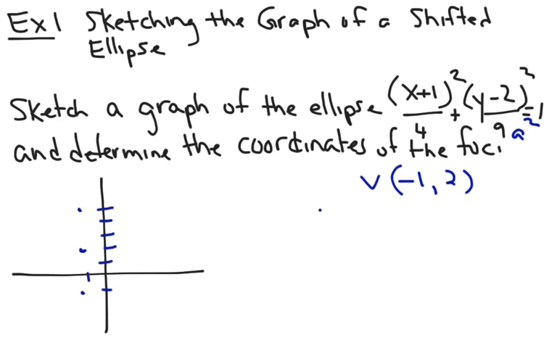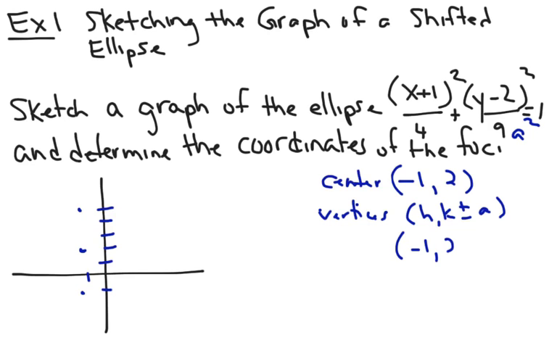Oh, I called that vertex, sorry. Center. My vertices are at h, k plus or minus a. So my vertices are at -1, 2 plus or minus 3. Does it look like my vertices are at -1, 5 and -1, -1?